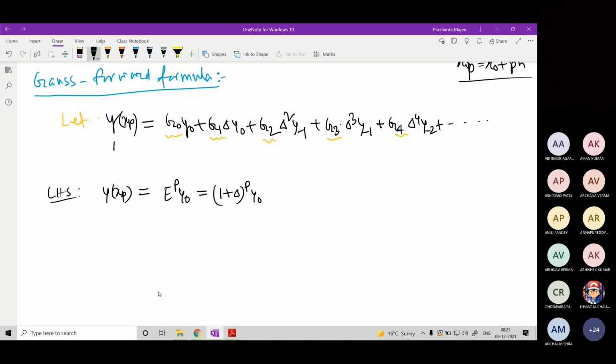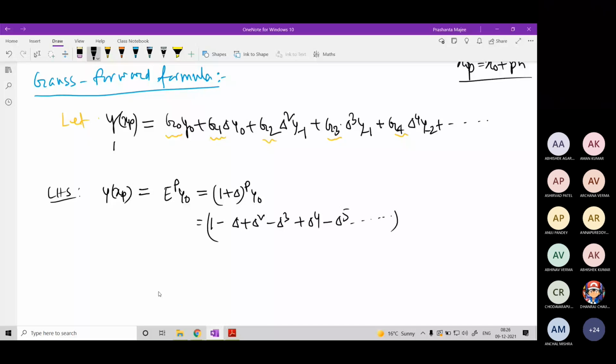Then you'll be comparing the like differences, the coefficients of like order forward differences. For example, what is the coefficient of delta y naught on both sides? That is what we are going to compare. So you tell me what this is? 1 minus delta plus delta square minus delta cube plus delta 4 minus delta 5, and so on.